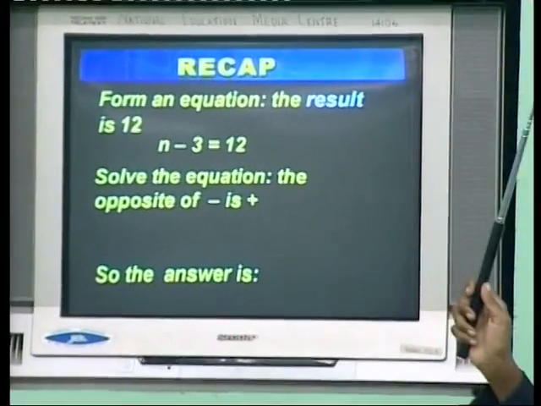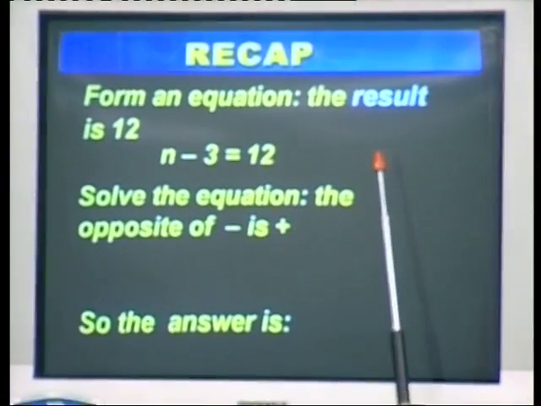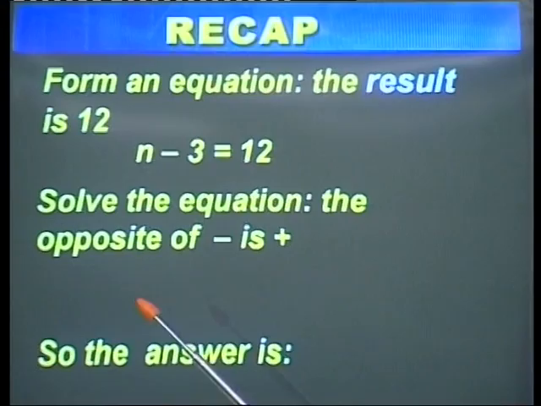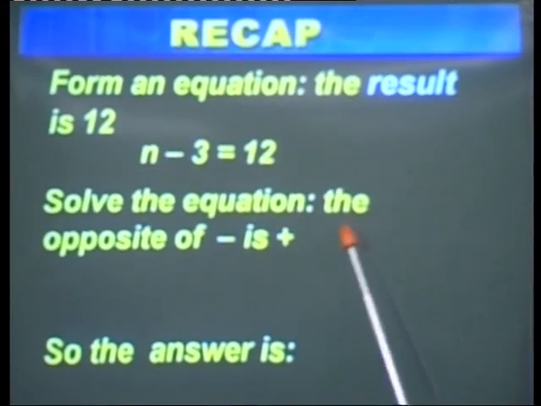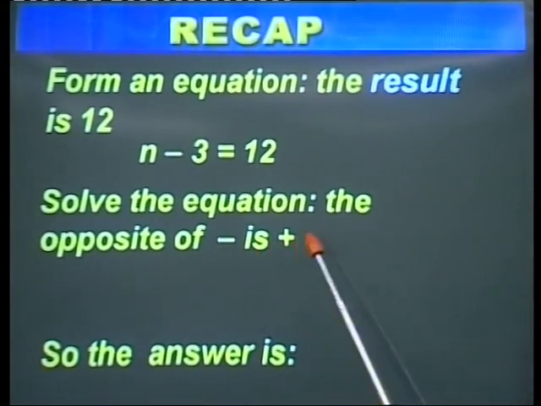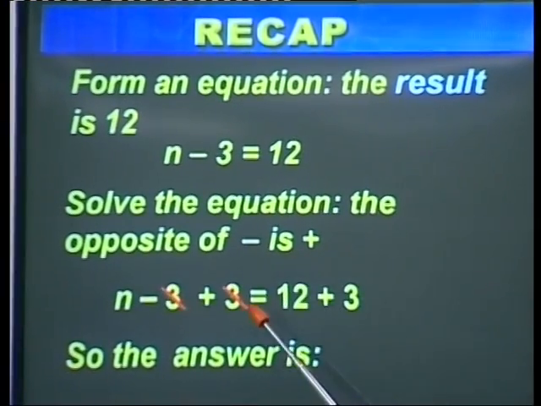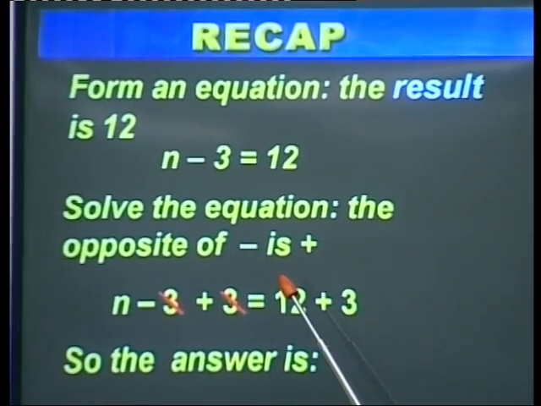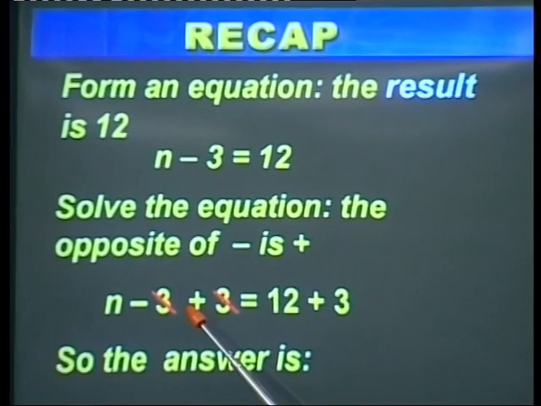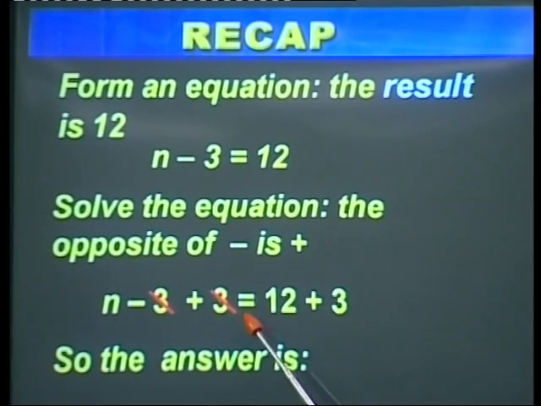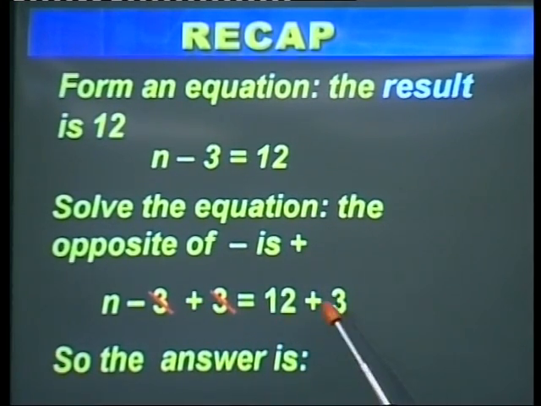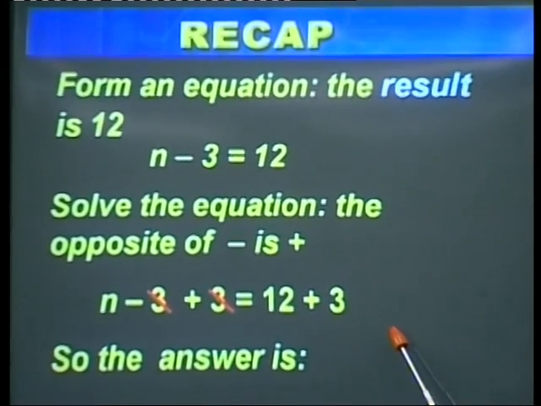The same must apply on the left-hand side. So, solve the equation. The opposite of subtract is addition. So this is what we should have done in our working out. n minus 3 plus 3 equals 12 plus 3.